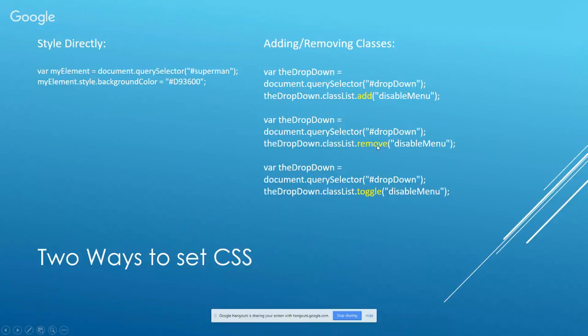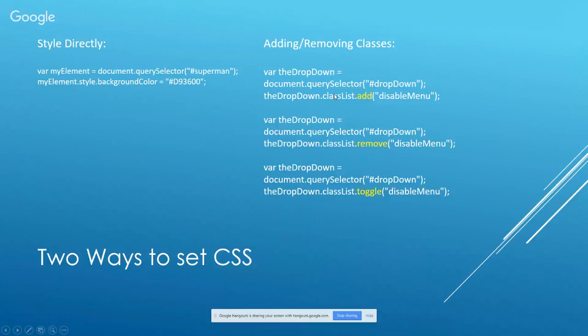So in this example, we're looking at a drop-down menu. There are 3 ways to do it. You can add the class list. So you take the drop-down class list and do an add on it, and then a remove.